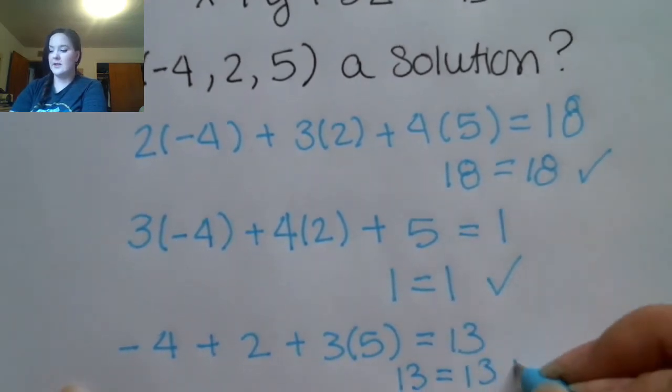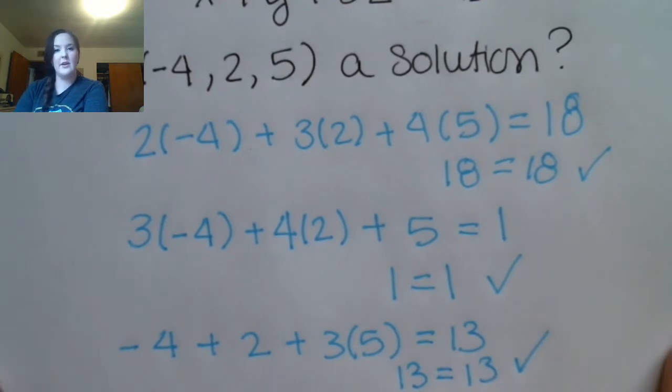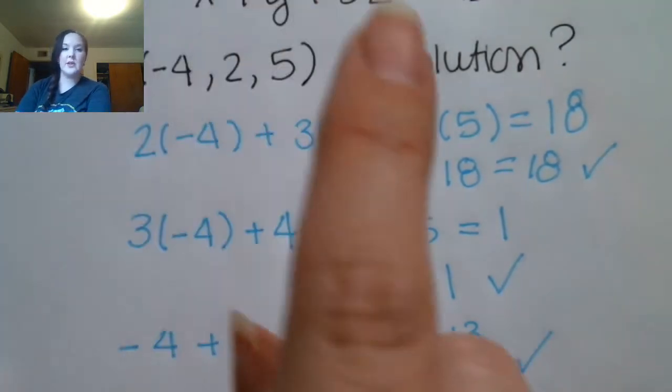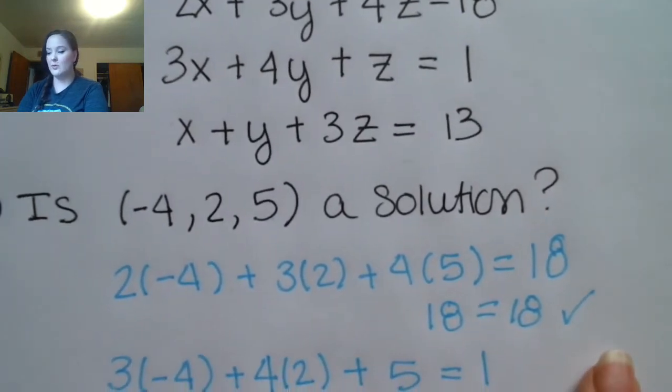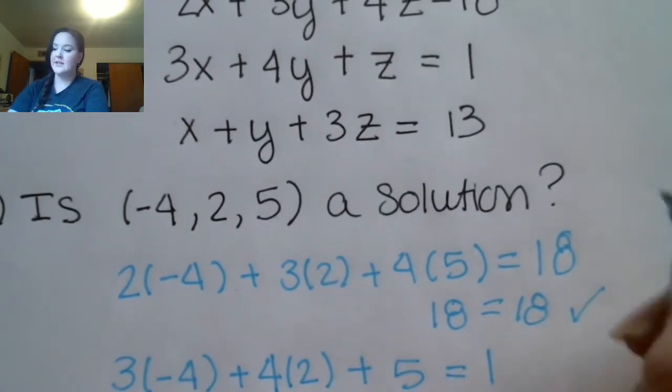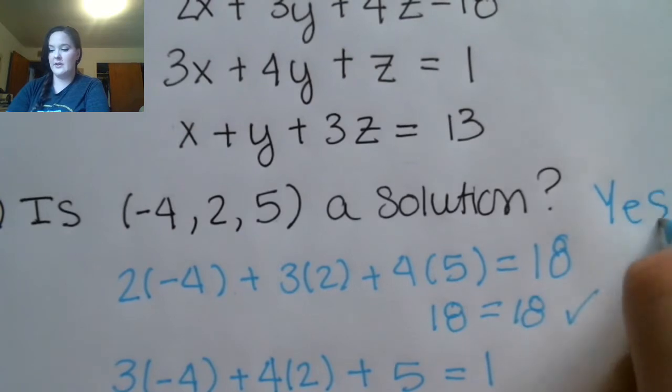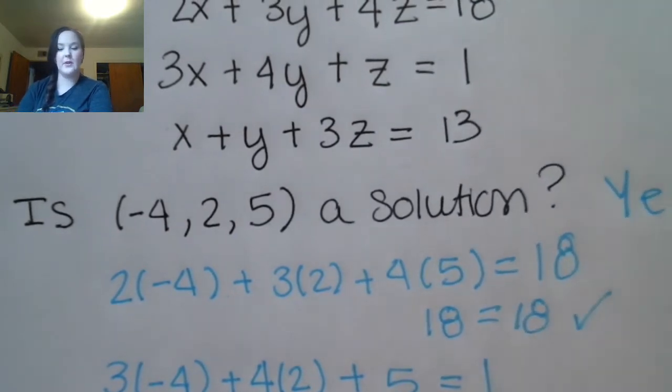So you'll see that this is also a true statement. So when you substitute into each one of these equations, you get a true statement for each one. So is this a solution? Yes. All right, let's look at part B.